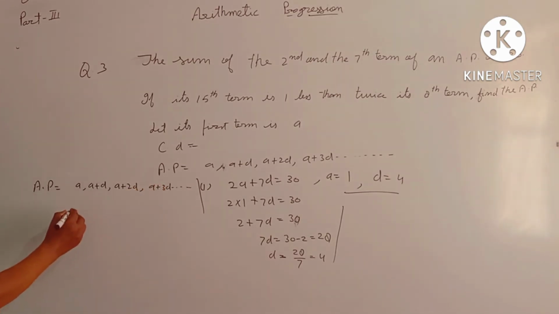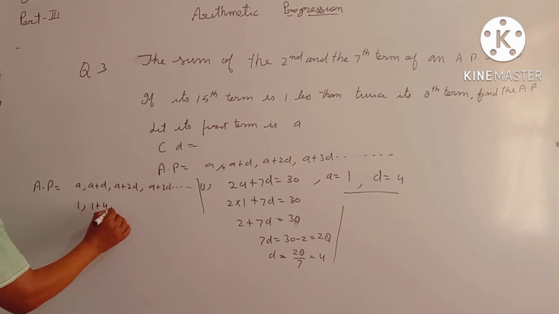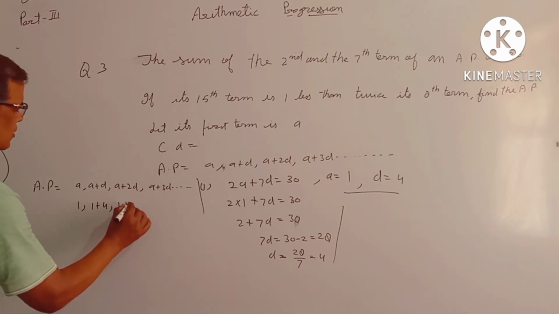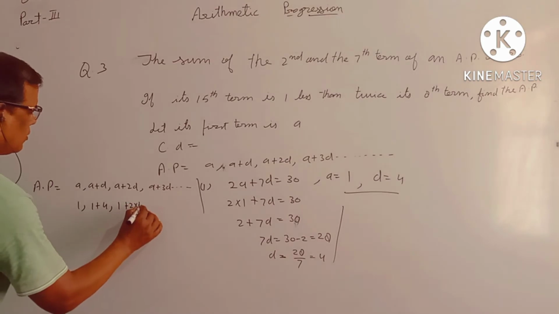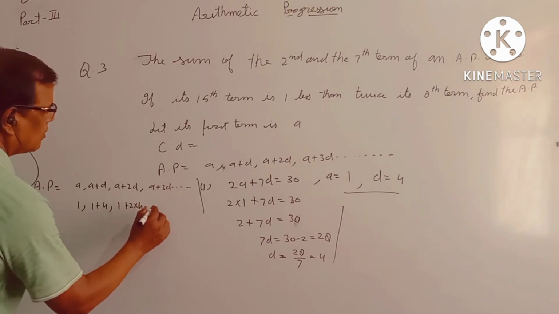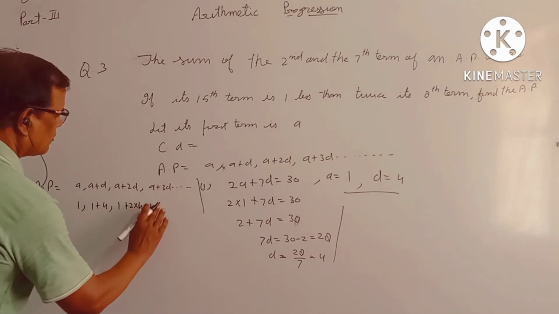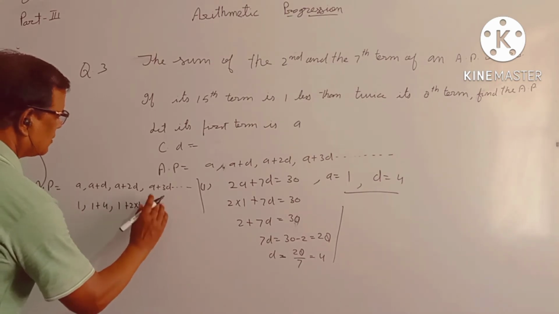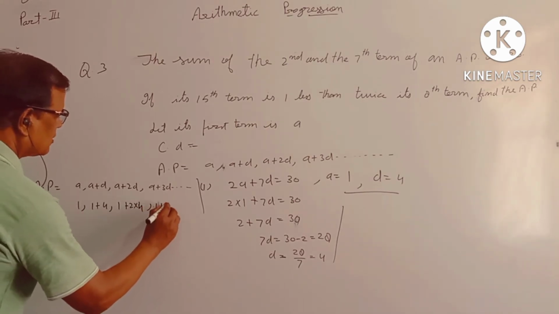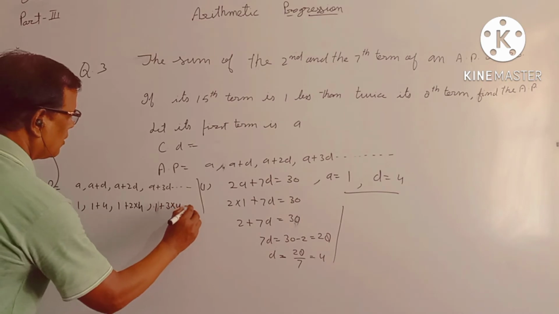Now A is 1, and the second term is 1 plus D, which is 5. The third term is 1 plus 2 into 4, which is 9. The fourth term is 1 plus 3 into 4, which is 13.